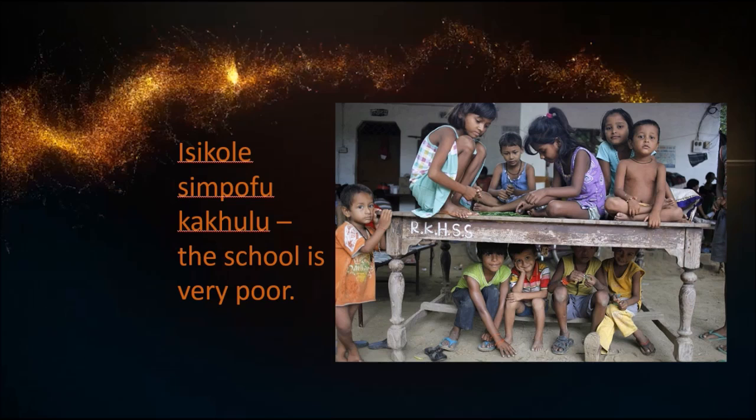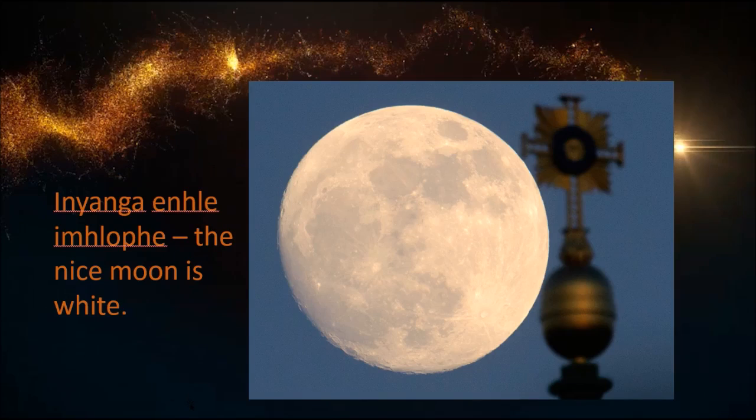Now another sentence, going further on. Inyanga enhle imhlophe. The nice moon is white. Now of course I could make long sentences, but I'm choosing to make short sentences, as I hope you do as well. Inyanga enhle imhlophe.